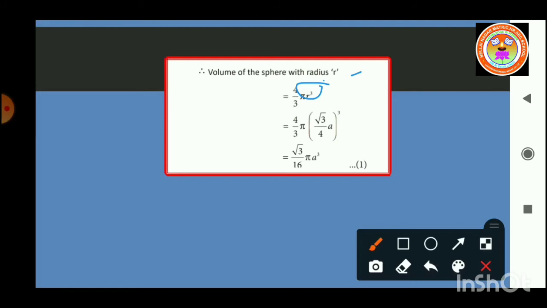So 4 by 3 pi, and root 3 three times: written twice it becomes 3, so one root 3, another 3, A cube divided by 4 into 4 into 4. Cancelling 4 with 4 and 3 with 3, what remains is root 3 divided by 16 A cube. Okay, calculation is clear.